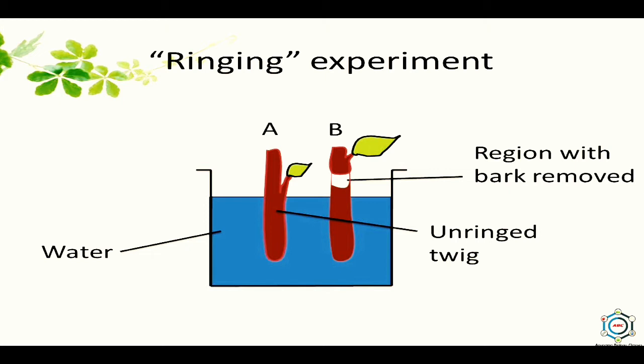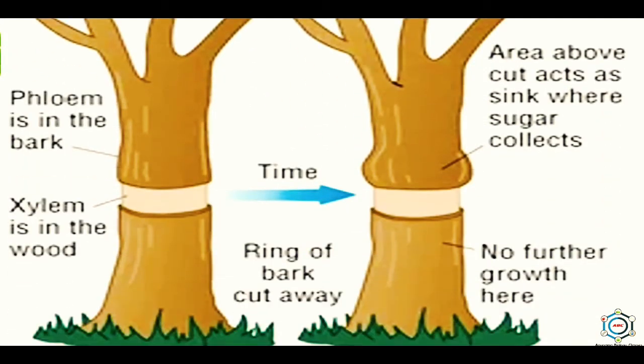Under such conditions, the upper part of the plant is attached to the lower part by only the central xylem cylinder and pith. It results in the accumulation of food materials just above the ring, which is evident by the swelling and sometimes formation of adventitious roots.